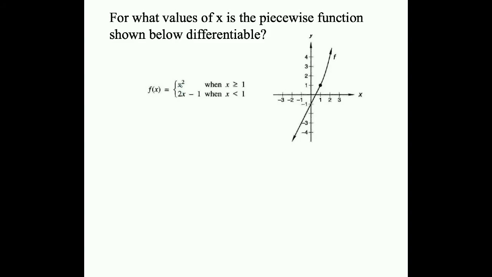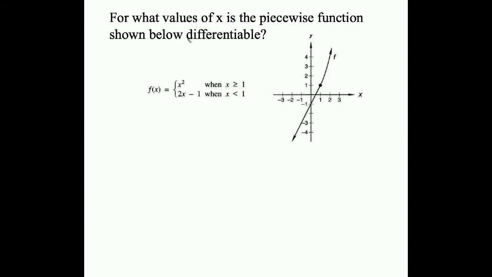So the only part in question here is when we switch from one function to the other, which is at 1. So what we have to do is see, does the derivative just to the right of our point equal the derivative just to the left? So it is continuous, as we see here in the graph, but we need to see if it's differentiable.